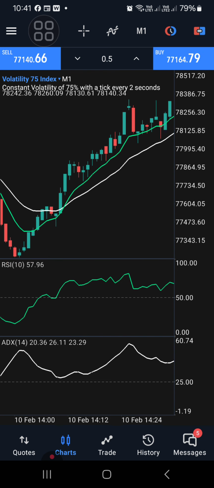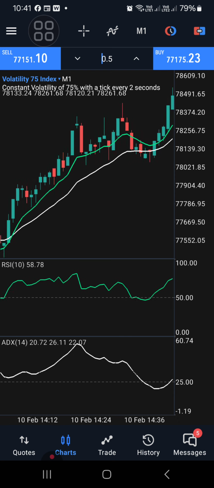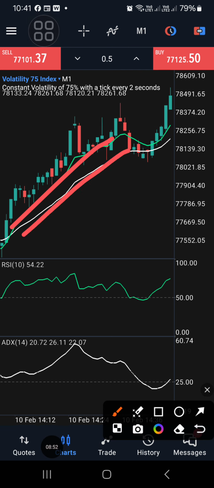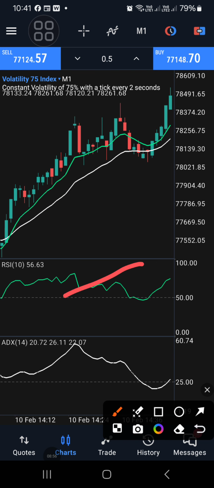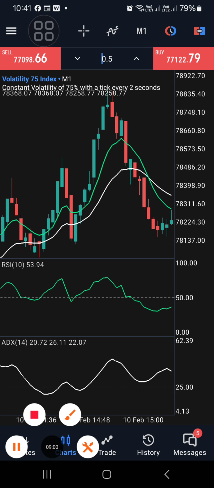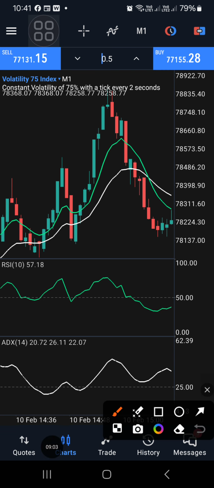Or what we can do is stay in the particular trade as long as the green moving average, or this fast moving average, is staying above the white line. We stay in that trade and hold until price crosses below here. We're going to exit at this particular level. So there are two ways that we can take our profit.